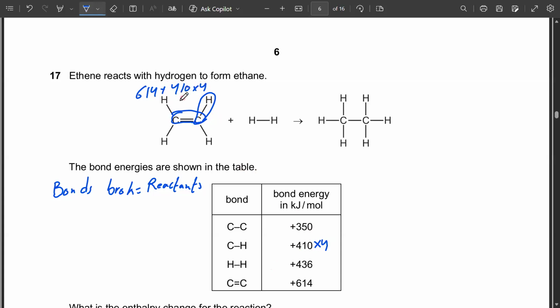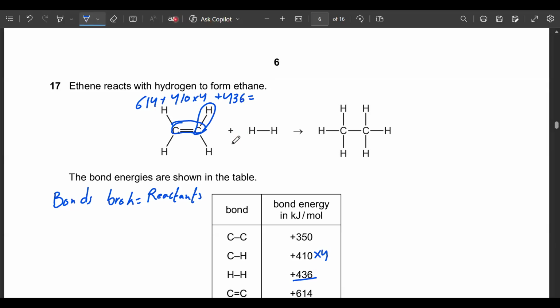So this will be the value of ethene. And then we also have the hydrogen molecule with the value 436. So 436 added. When you add them all, this value is equivalent to 2690.